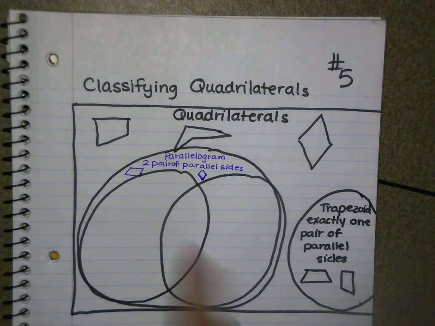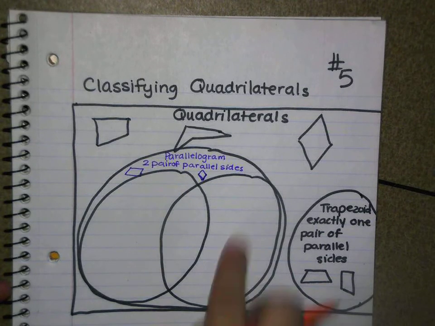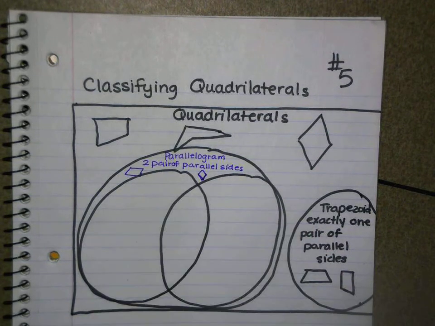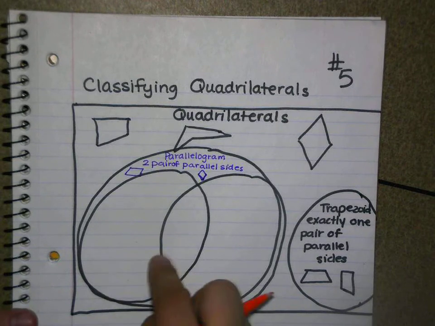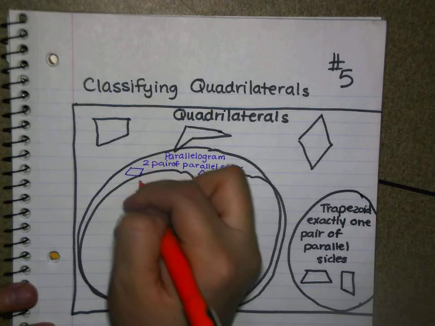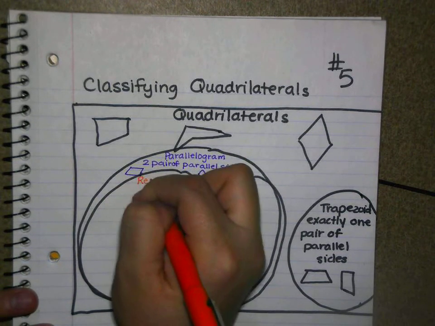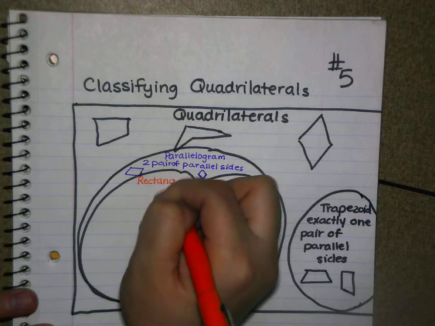Okay, so there's types that have 2 pair of parallel sides and types that have 1 pair of parallel sides. All of these in this Venn diagram have 2 pair of parallel sides. So in here, these are all parallelograms. And then there are different types of parallelograms. In this left one, we're going to say we have rectangles, which you should be familiar with.